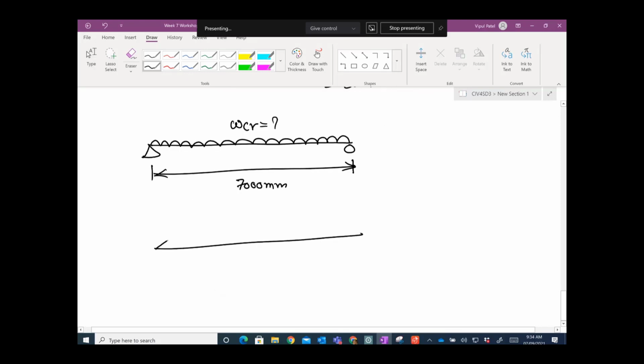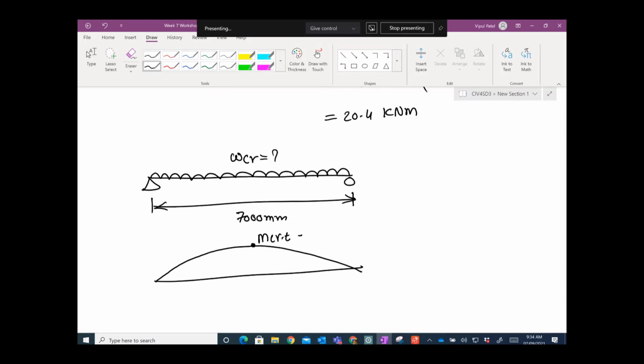So we have this cracking moment, MCRT. You know the bending moment diagram: for cracking moment or any moment, the maximum moment for this load is WL square on 8, right? That's the maximum moment in a simply supported beam under UDL.